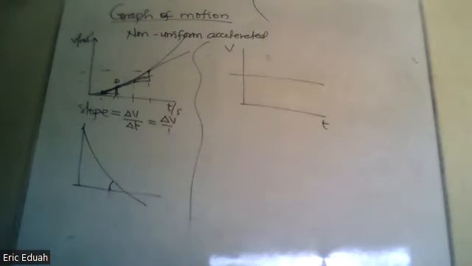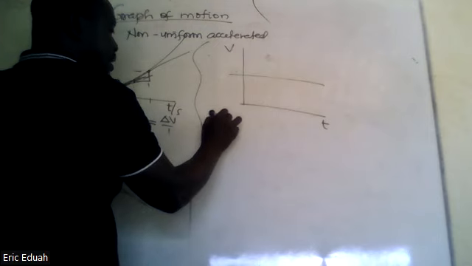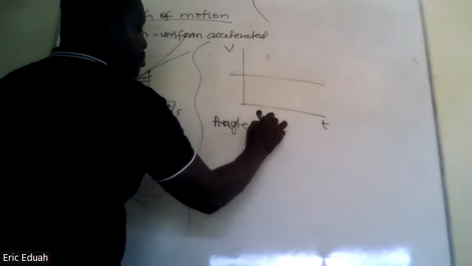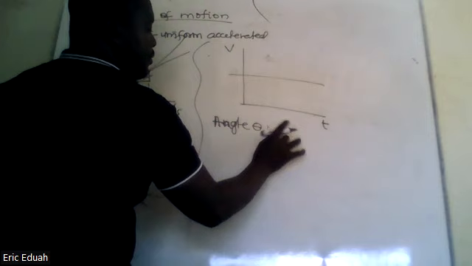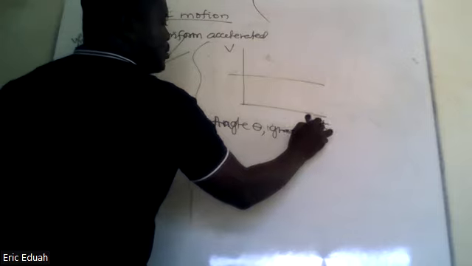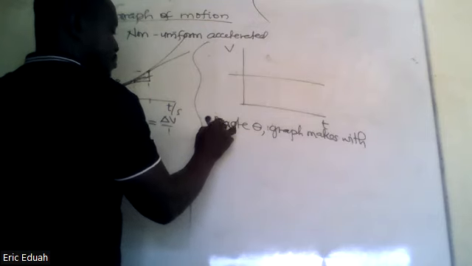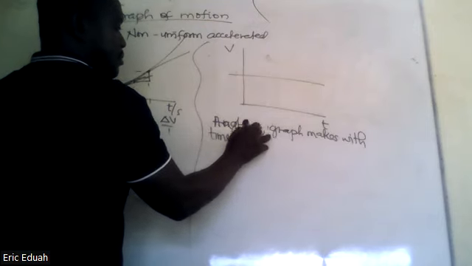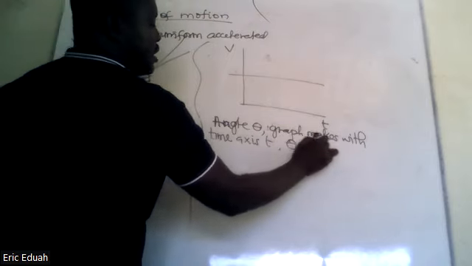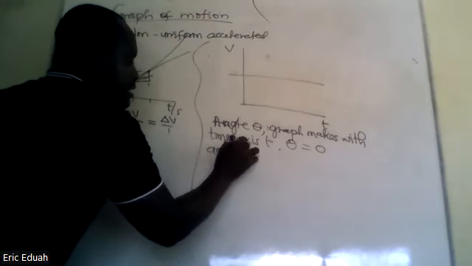Simple. So when the angle theta the graph makes with the time axis T is equal to 0, it means acceleration is 0.